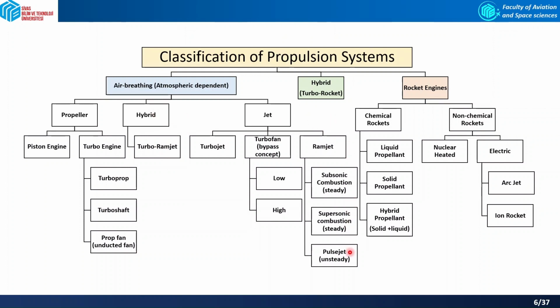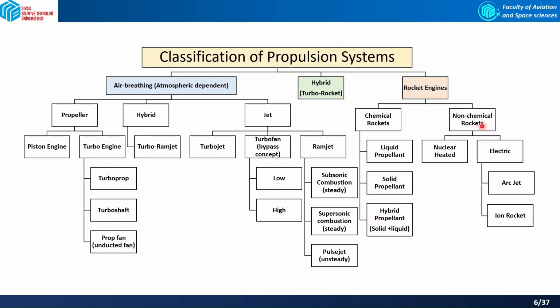So if you look at the rocket engines, or the engines which are atmosphere independent, you can classify them as chemical rockets and non-chemical rockets. The chemical rockets have been classified into three more classes: the liquid propellants, solid propellants, and also solid and liquid, so hybrid propellants.